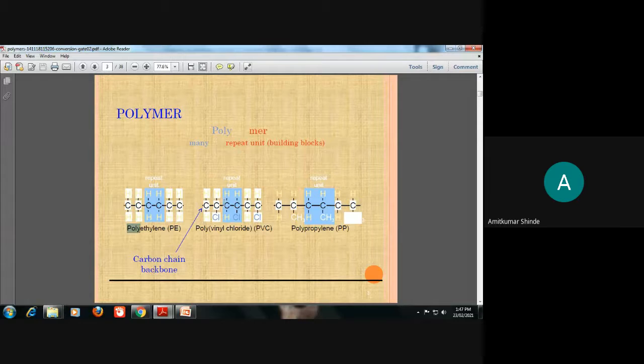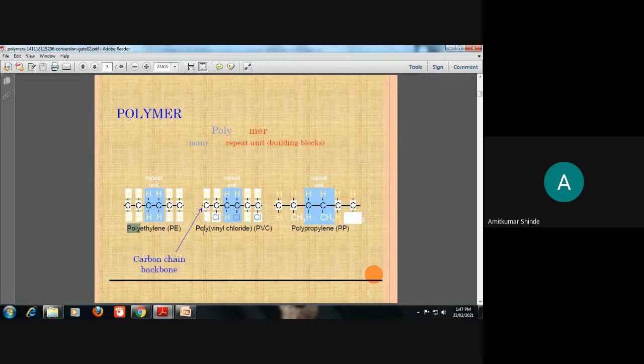In this PVC material, that is polyvinyl chloride, this portion shown by the blue color means two carbon atoms, and then one carbon atom is attached to two hydrogen atoms, and one carbon atom is attached to one hydrogen and one chlorine atom. This structure is the vinyl chloride, and this is the repeating unit.